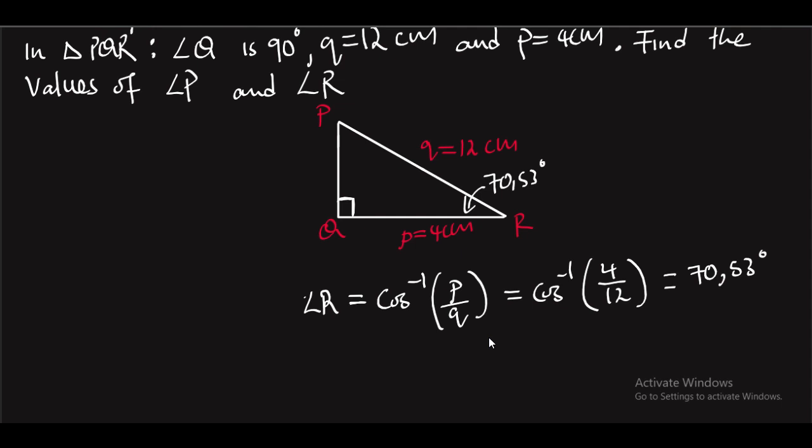We can do that. We can also find P by using sine, because if you look at P, if we rotate this triangle, you can see that for P, then we will have opposite over hypotenuse, you see.